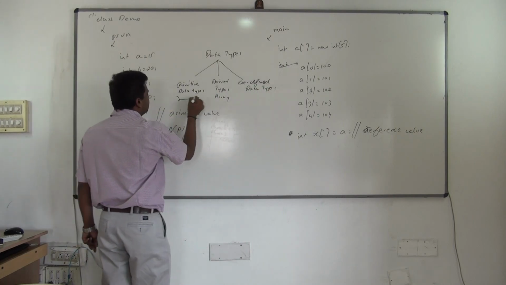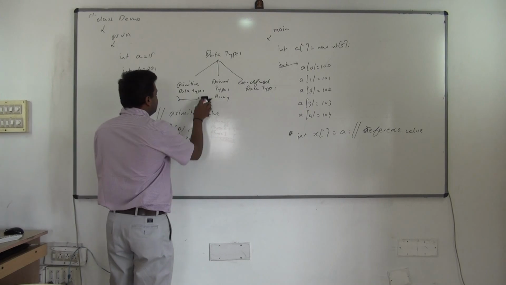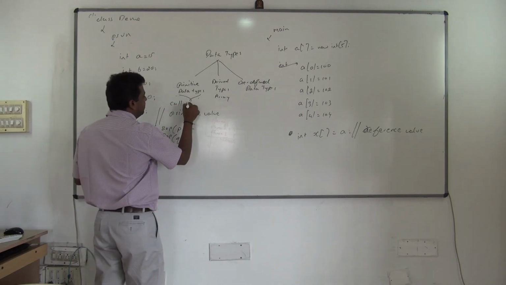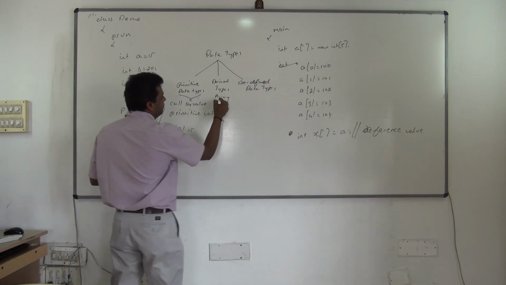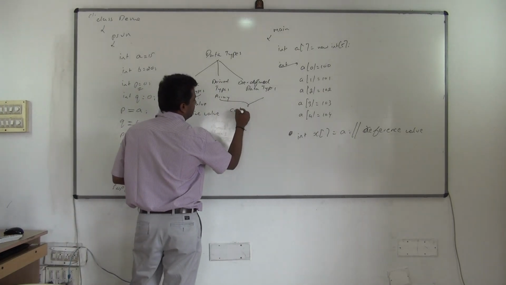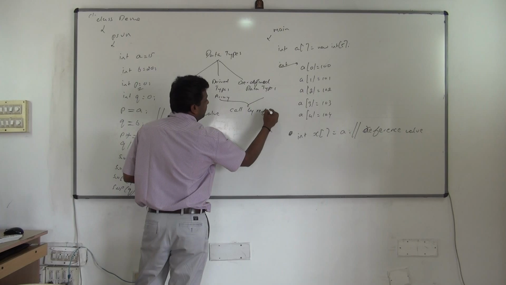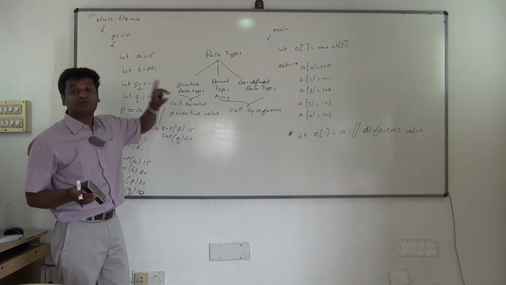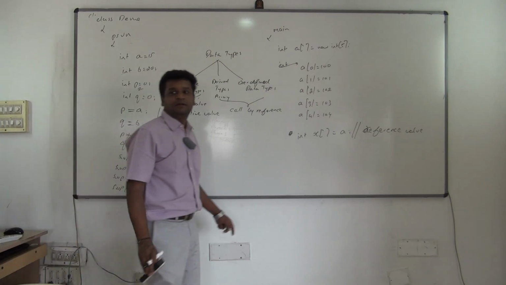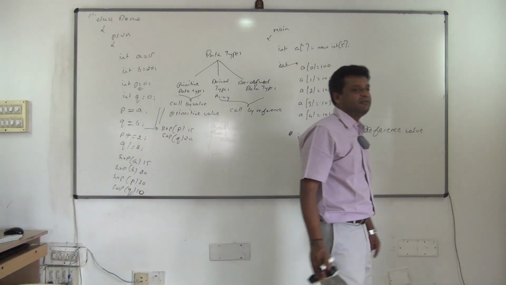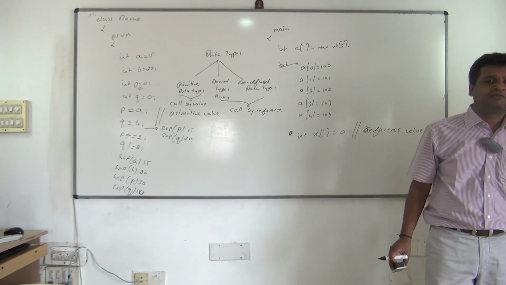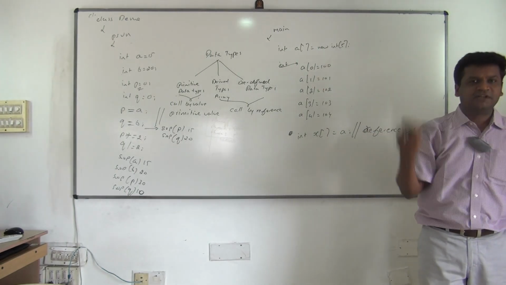For primitives it is called by value in Java, and for these other two it is called by reference. I'll give you plenty of examples, you'll understand. There is no call by reference for primitives in Java. I have to send the value only.